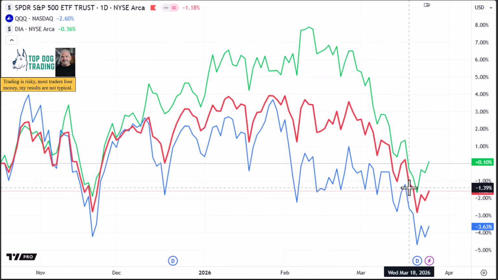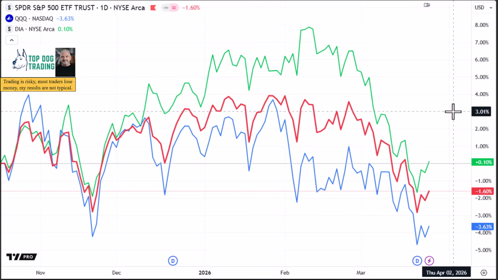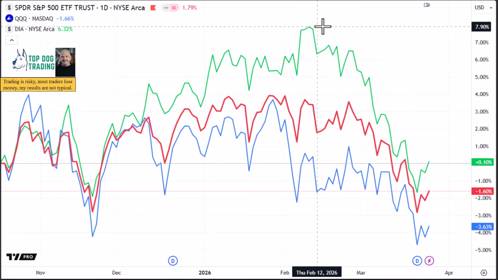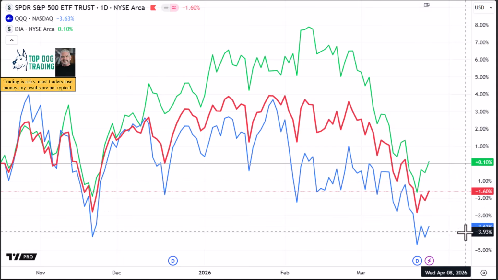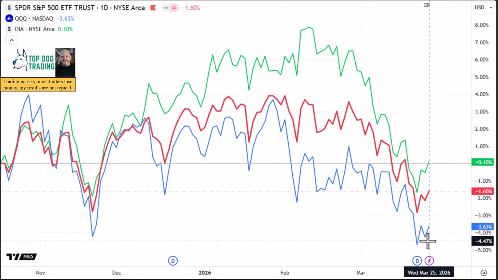Everything's coming down, but the issue is, as it's coming down, which one is retracing the most? Which one will preserve our capital the best? Which one would we lose the least on? And again, going up, the Dow made more money, and coming down, as we see in this snapshot in time, this is being recorded on March 25th, 2026, the Dow preserved more capital on the downside.